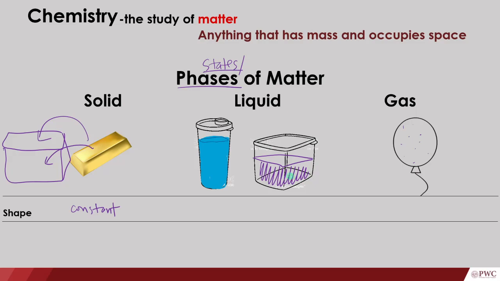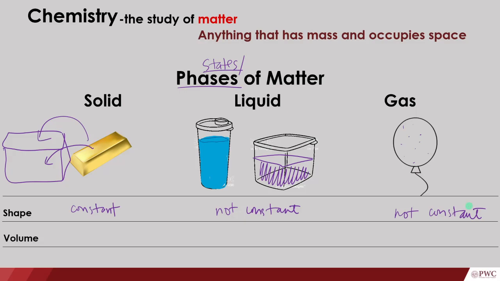So liquids have no constant shape. And the same for gases. Obviously, the shapes of gases are very flexible. Their shape also depends on the container. So for gases, the same thing as liquids, no constant shape.